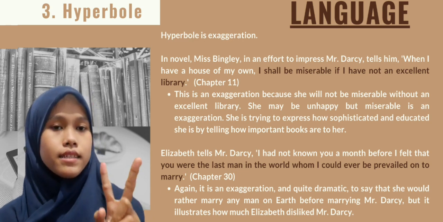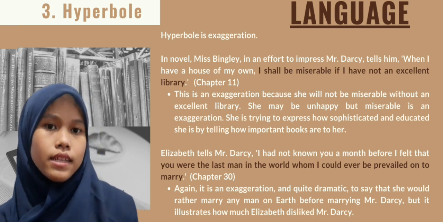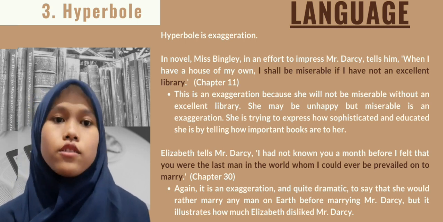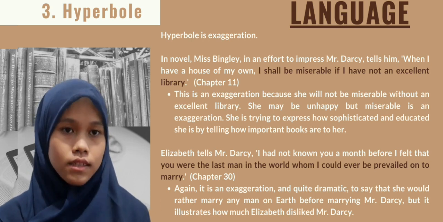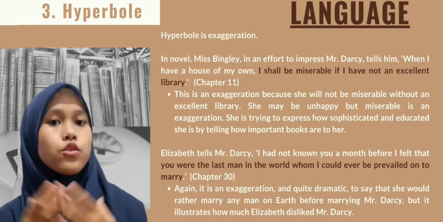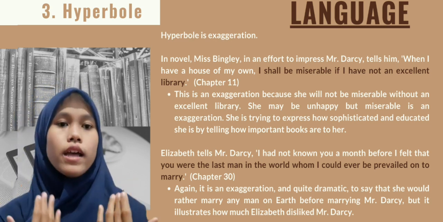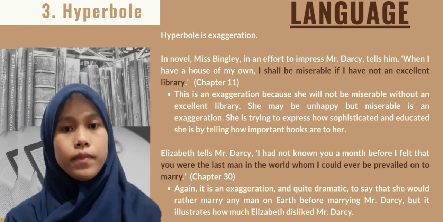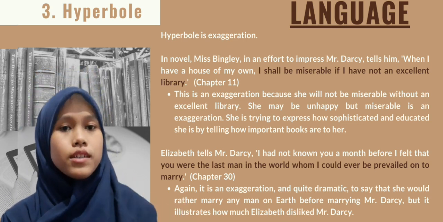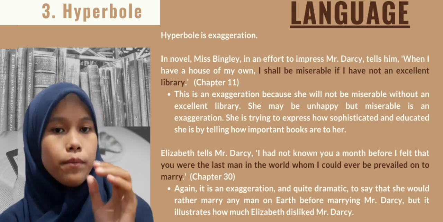And that's the second example from Elizabeth who tells Mr. Darcy, "I had not known you a month before I felt that you were the last man in the world whom I could ever be prevailed on to marry." In this chapter 30. Why is it hyperbole?